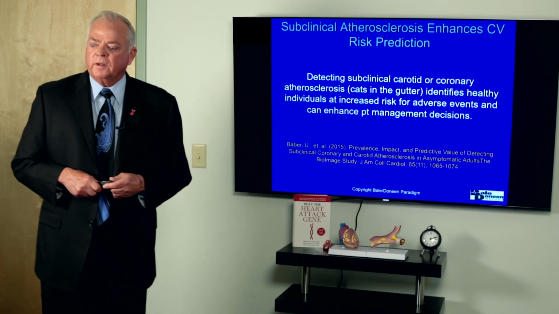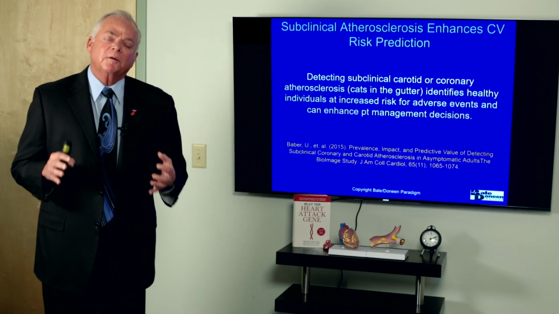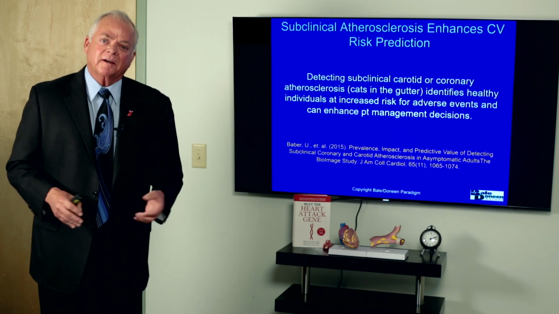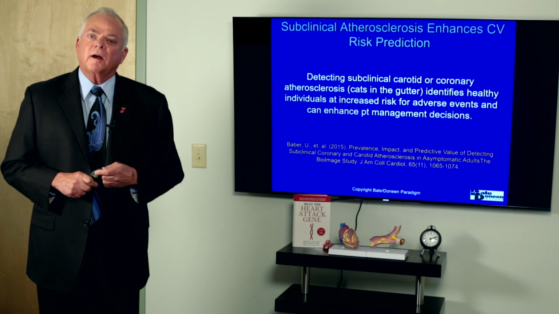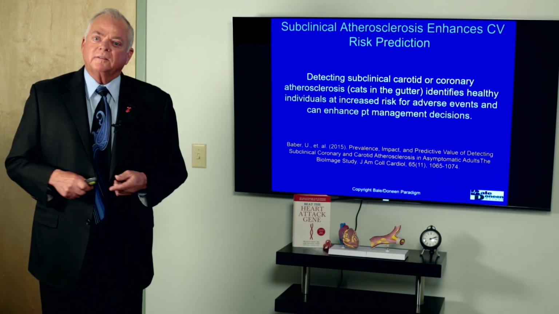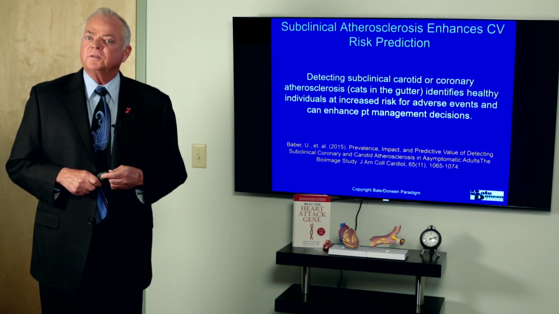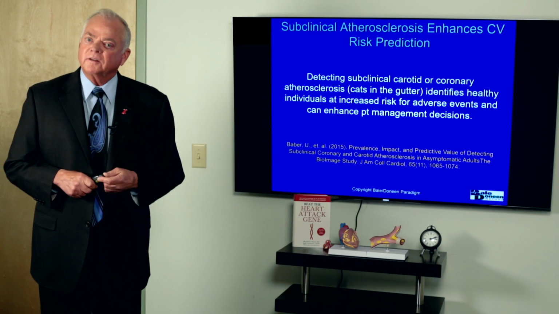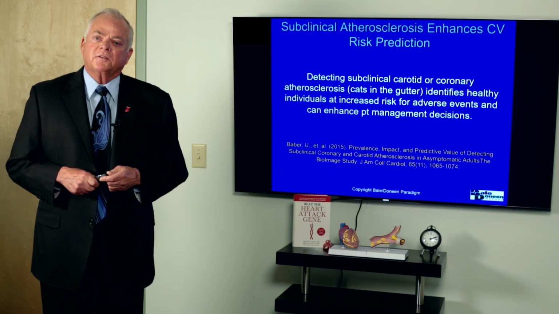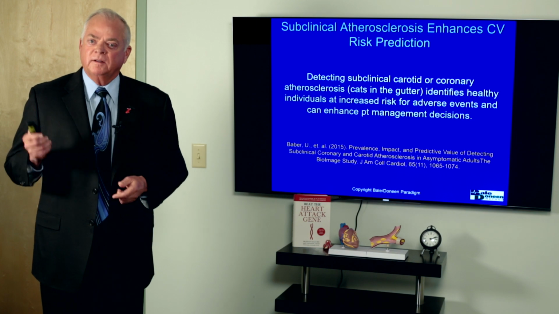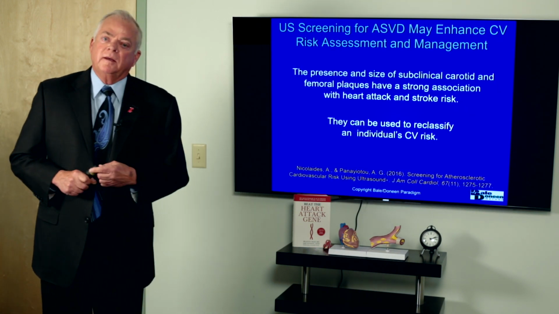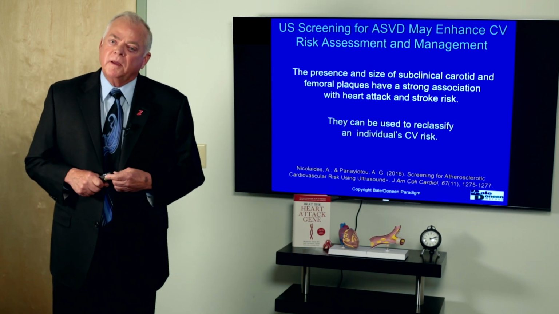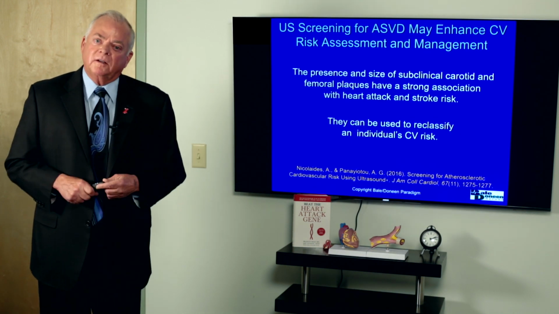They went on to point out that detecting subclinical, asymptomatic cats in the gutter in the heart or the carotid arteries will identify individuals who are at risk for a heart attack or stroke, and that should certainly impact their management. So we were very pleased to see that in 2015, and then it's just continued.